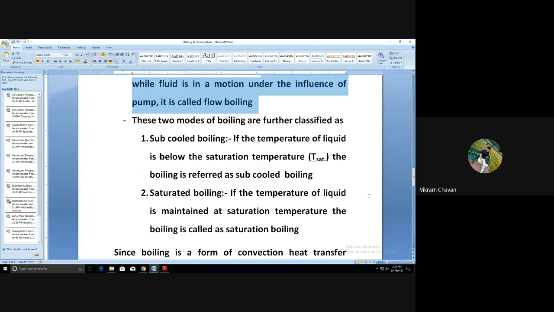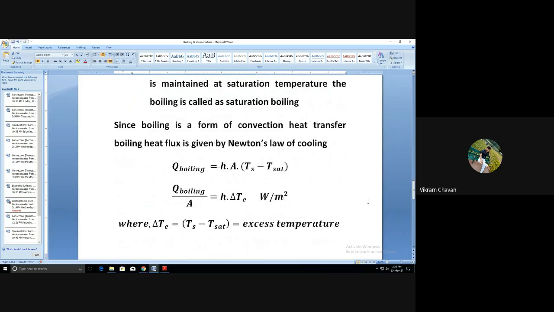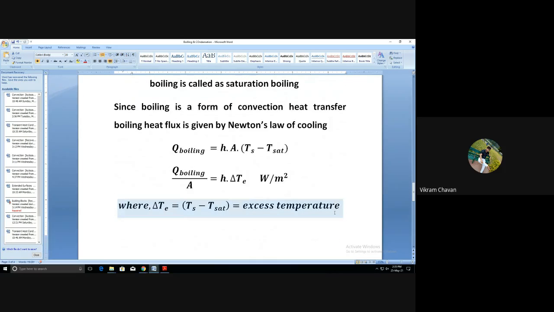Okay. Then next you can write, since boiling is a form of convection heat transfer, boiling heat flux is given by Newton's law of cooling.